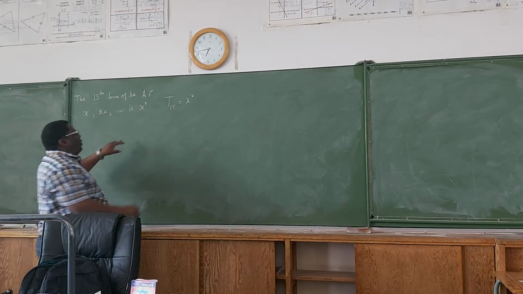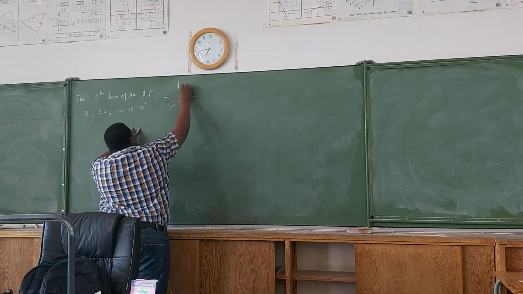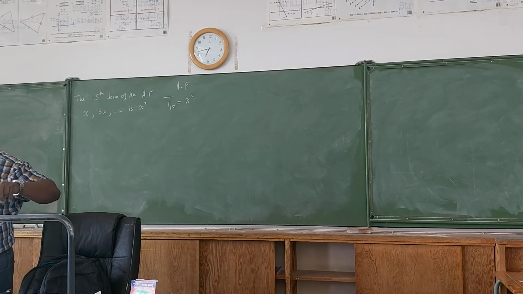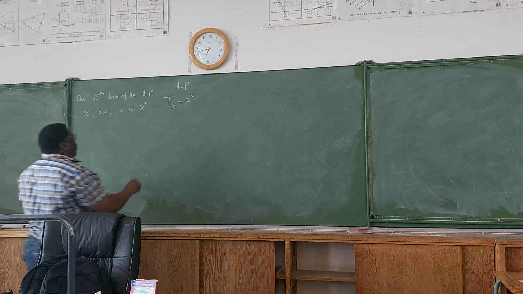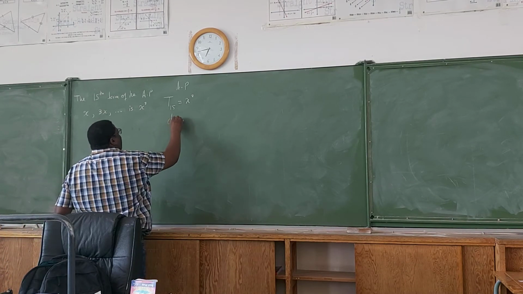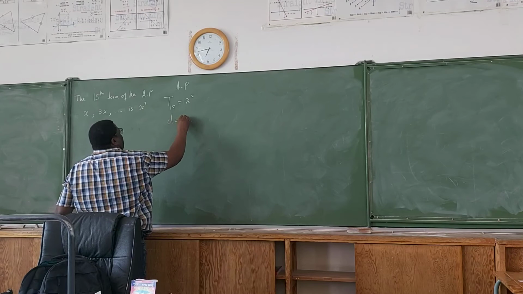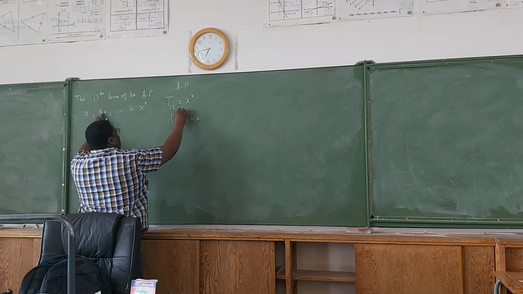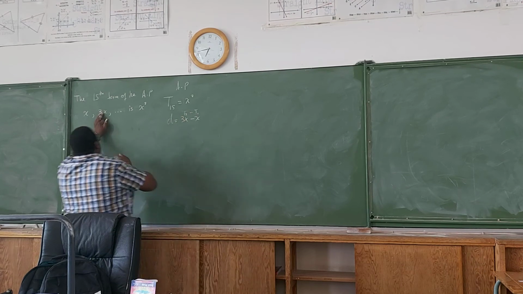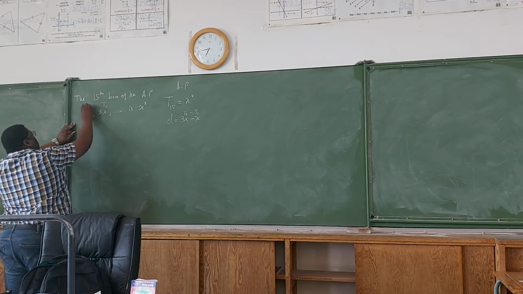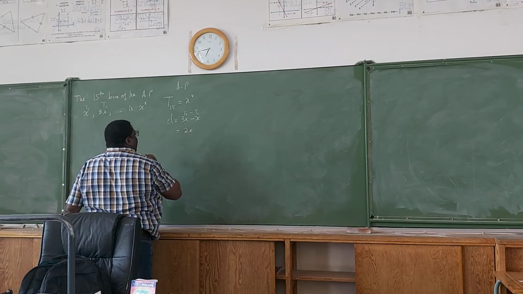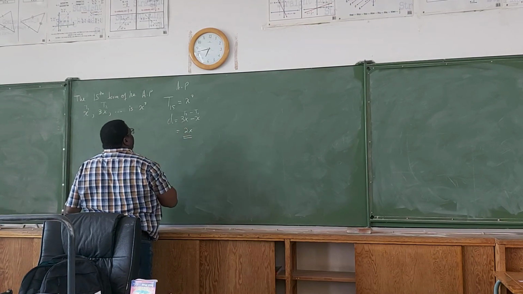We also know that it is an arithmetic progression. Very important. From this, we also know that our common difference is going to be 3x minus x. That is going to be term 2 minus term 1. Are you with me? So it is going to be 2x. Are you with me? Yes. Good.